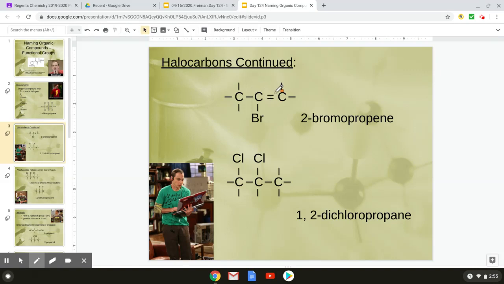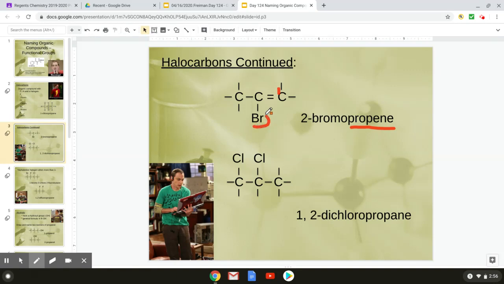This is a prop with a double bond, so it's called propene because it's an alkene. Now, we normally would have to number where this double bond is, but this one's on the first carbon, second, third. Or if we turn the molecule around the other way, it'd still be on the first carbon. So we don't need to say it's 1-propene. It's just understood it is.